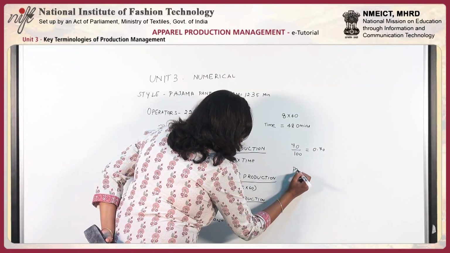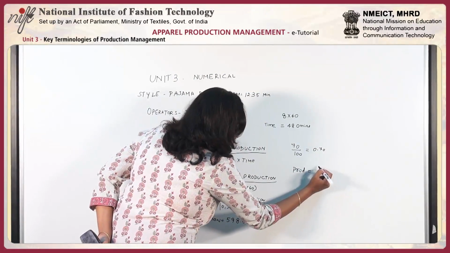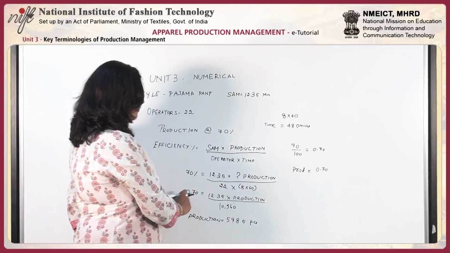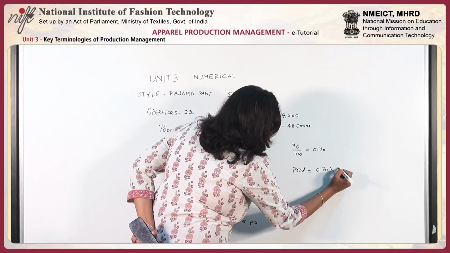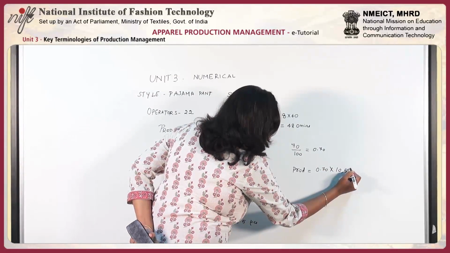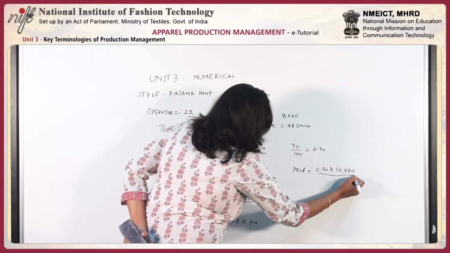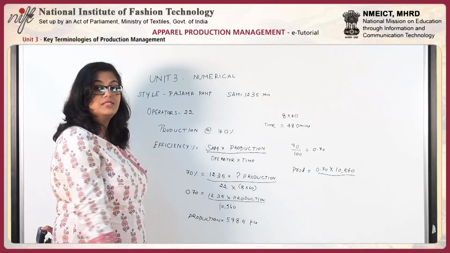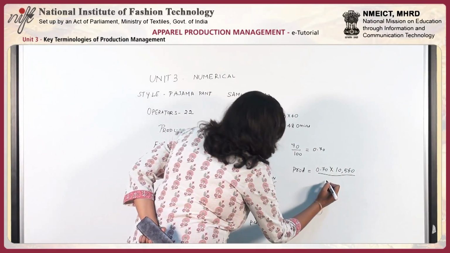So, production is equal to 0.70 into 10,560 minutes divided by 12.35, which becomes an indivisible number.